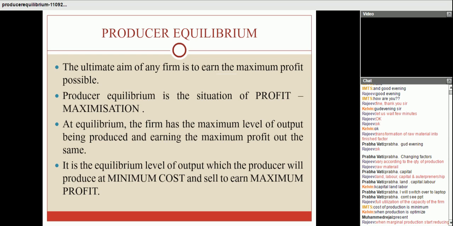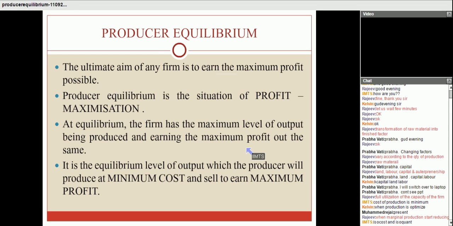One is the isocost and the other is the isoquant.